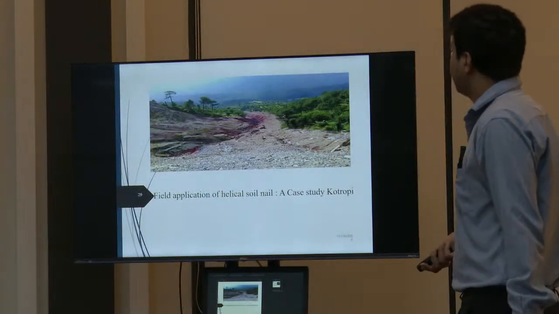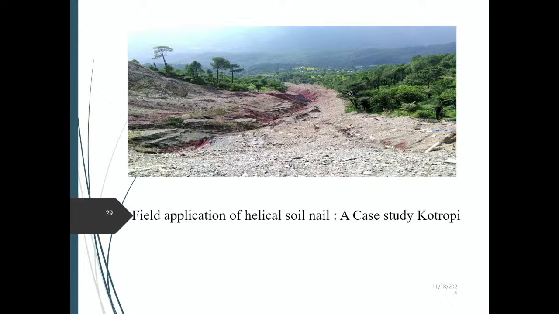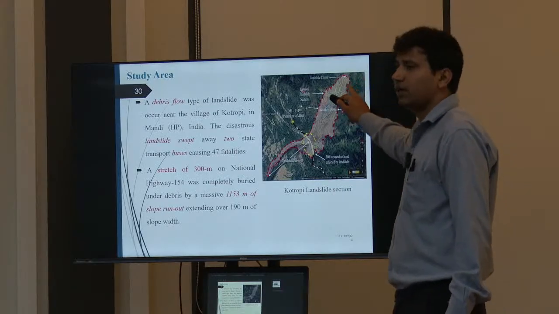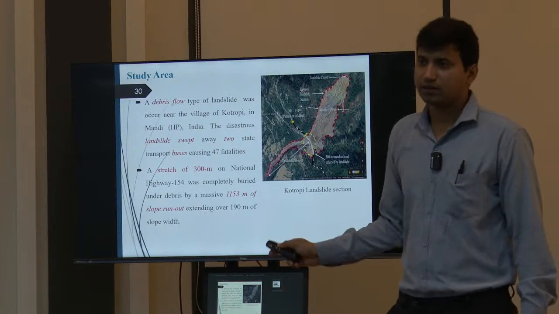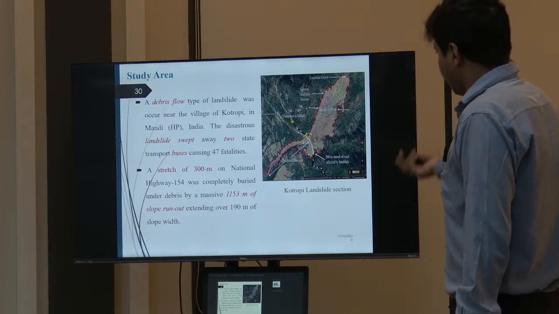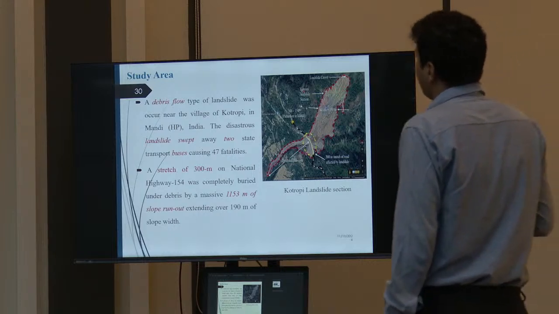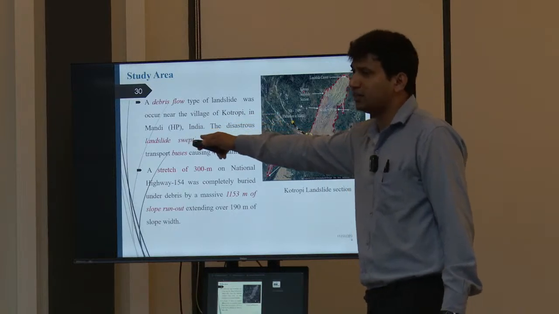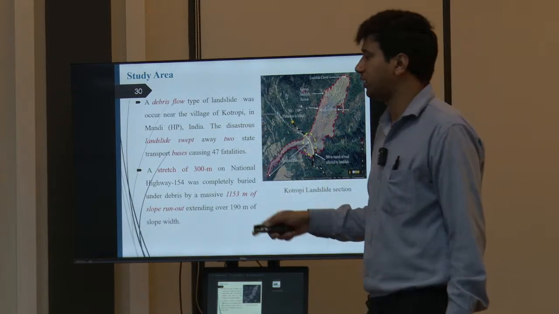So now we have a field study. That is a field application of helical soil nail. It's a study on a location called Ktropi, which is in India. This was approximately a 1 kilometer landslide, a debris flow which occurred near Ktropi, a place near Mandi, a city in the state of Himachal Pradesh in India.